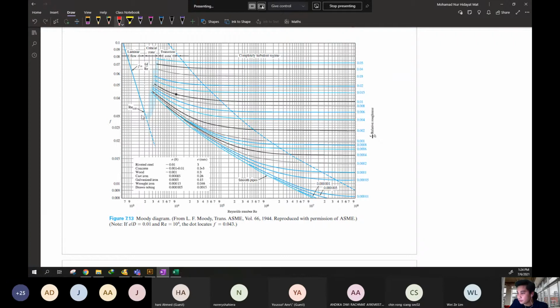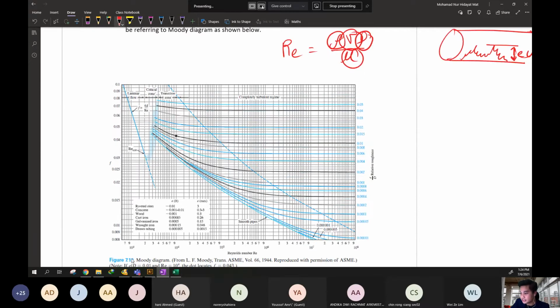This is the laminar flow. When the flow is considered laminar, you can directly pick the value using this line. This is the critical zone and this is the transition zone. Let me explain. You can see the Reynolds number is increasing from left to right.